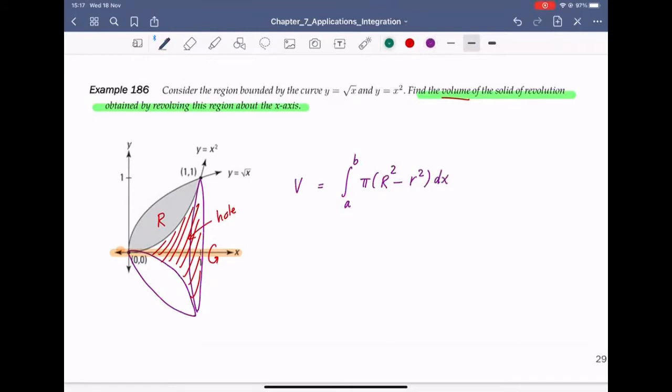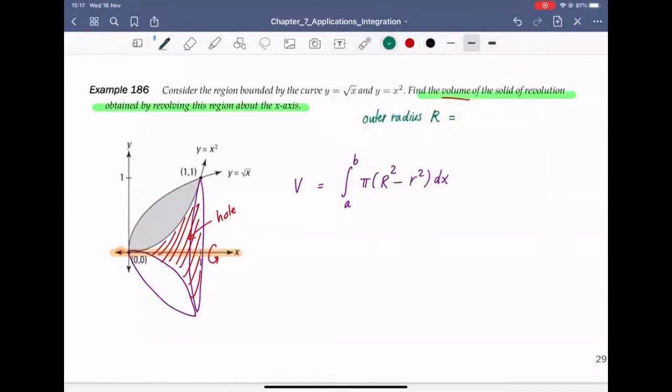So what I need is the outer radius. What is going to be my outer radius? This is big R, not just the R in region. I use the same notation, but it can be confusing, so I hope you know that they are different.